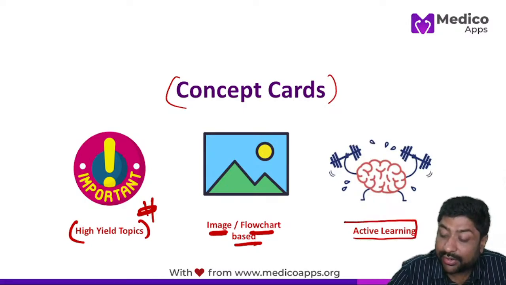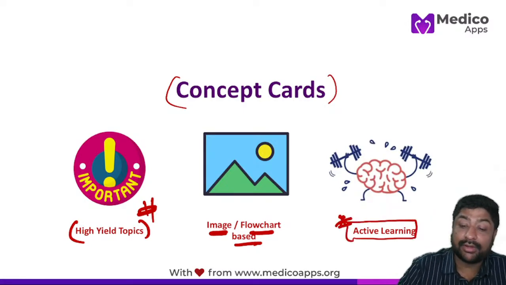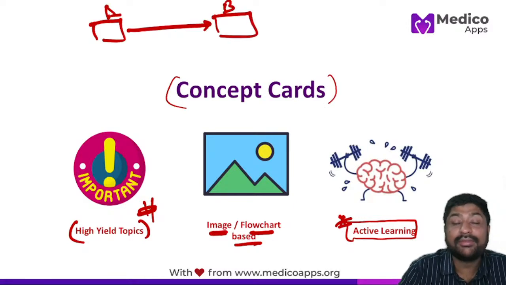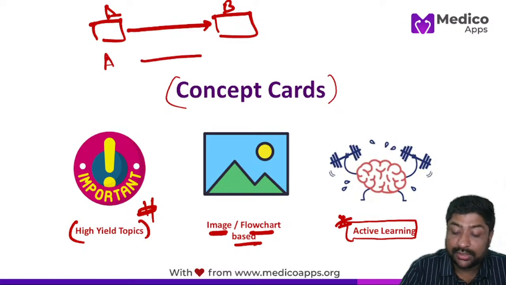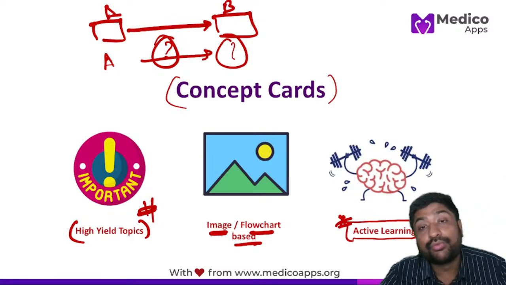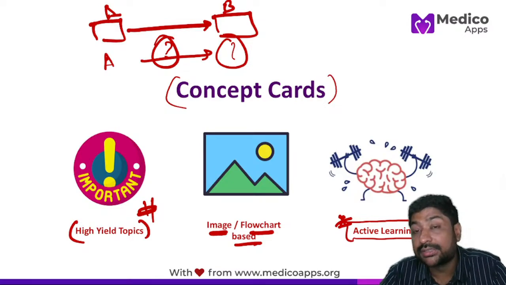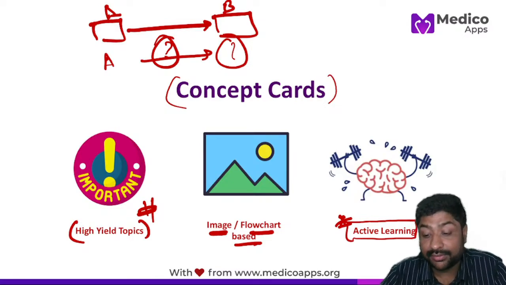And we have converted all the information into active learning. For example, let's say there is a reaction of A converting into B. You will not be given the entire reaction. You will be shown a question mark. You will think of the reactant, the cofactor, the products. That way you are always thinking, so it's more of an active revision.